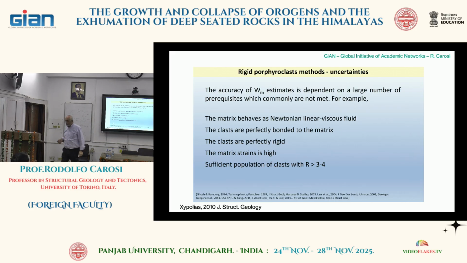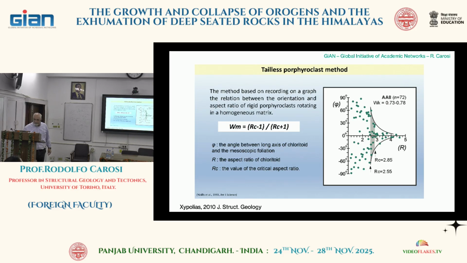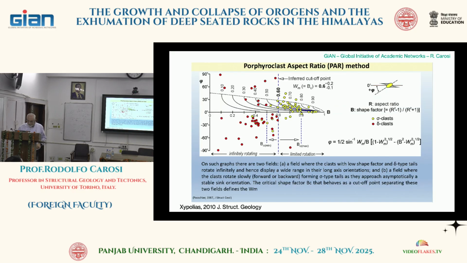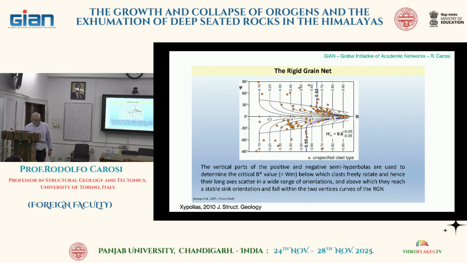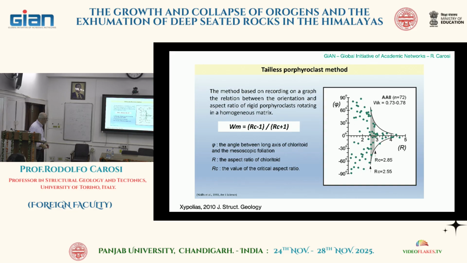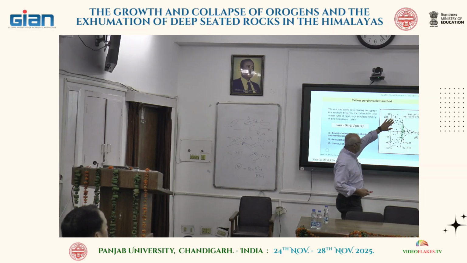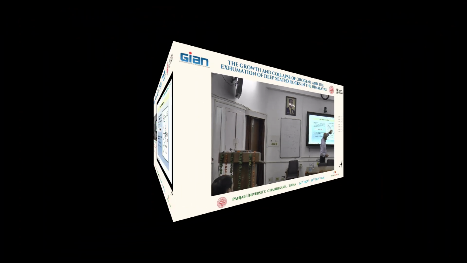Because if you do not have enough clasts like this, you can see in this graph, okay, also in this one, you need to separate the continuously rotating cluster from the stable cluster.